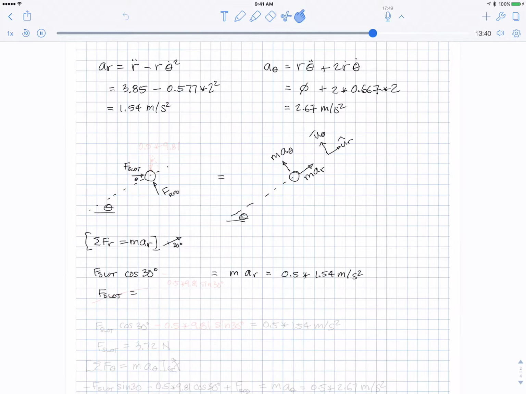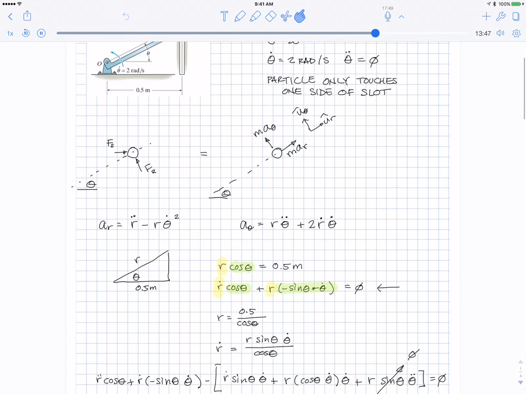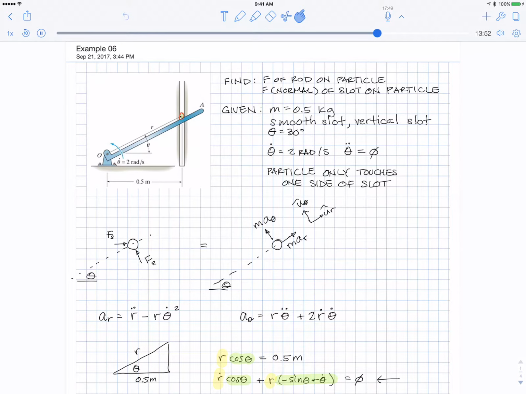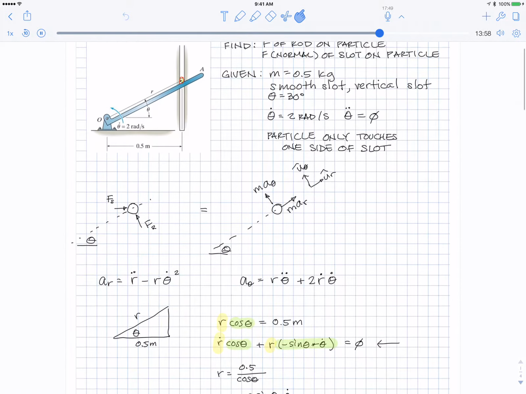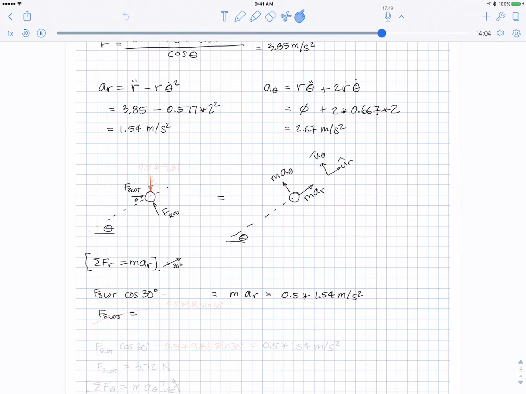I got the wrong force. When I looked at it more carefully, I missed that it said the slot was vertical, which meant up and down, which meant in the direction of gravity. What I am missing on my free body diagram is the weight of the pin, half a kilogram times 9.81.